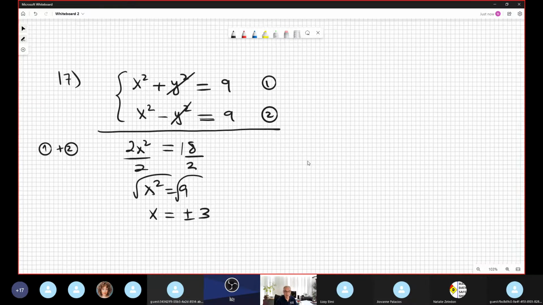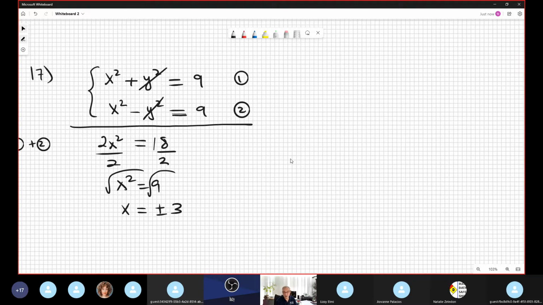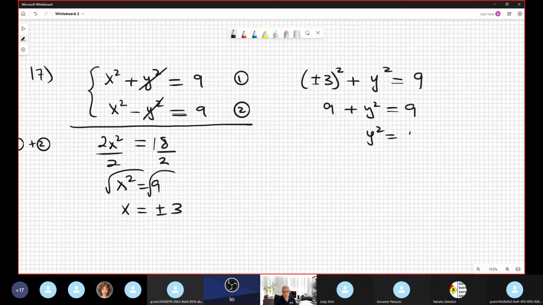So substitution, simultaneously, plus and minus 3 squared. I did that part. I don't know whether to select plus or minus. I select plus, why not? Plus y squared equals 9. And this is 9 plus y squared equals 9. Therefore, y squared is equal to 9 minus 9, which is 0.